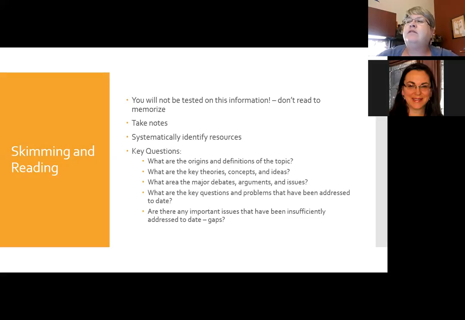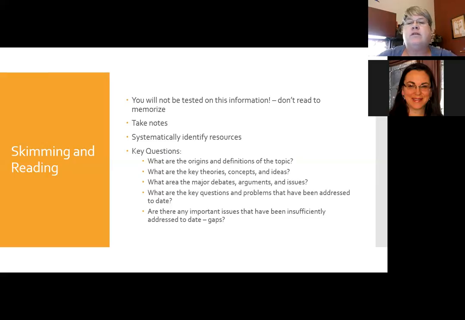Some of the questions you might be looking for as you're doing the reading: do you have resources that define your topic and show where it originated from? Have you gone back to those seminal sources? What are some of the key theories, concepts or ideas that you're covering in your research? Do you have sources that talk about that?